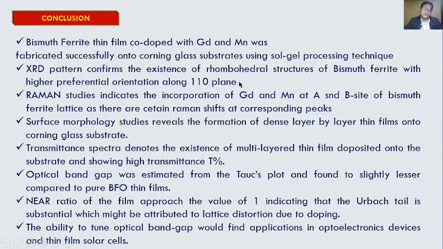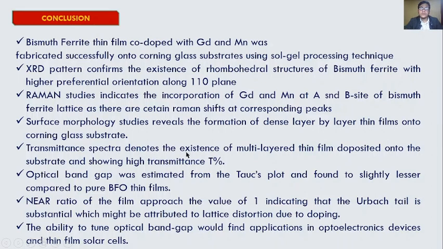Many literature reports also show a phase change from rhombohedral to tetragonal, which XRD and Raman confirm, and Raman also concludes the incorporation of Gd and Mn at the A and B sites of the bismuth ferrite, as there are shifts of the corresponding peaks. Surface morphology reveals the formation of dense layer by layer thin films onto the Corning glass substrate.